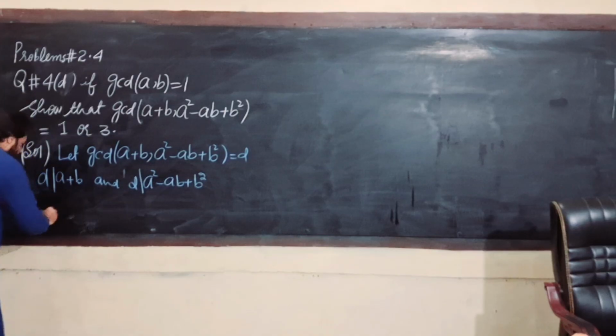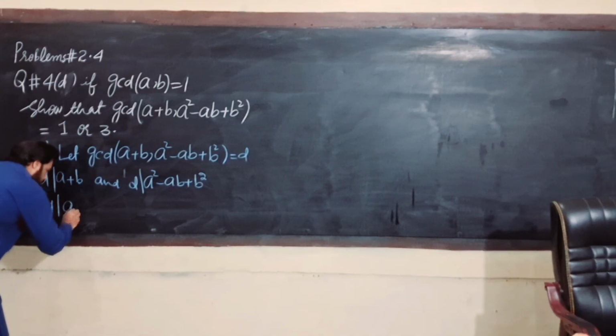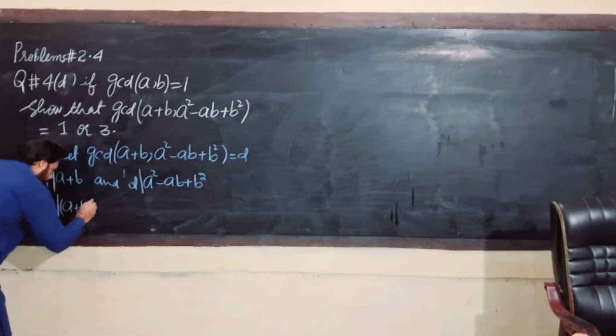If D divides A plus B, then D must also divide the square, A plus B whole square.